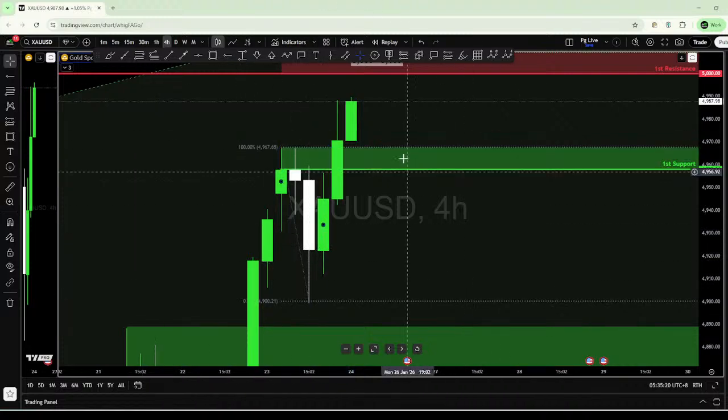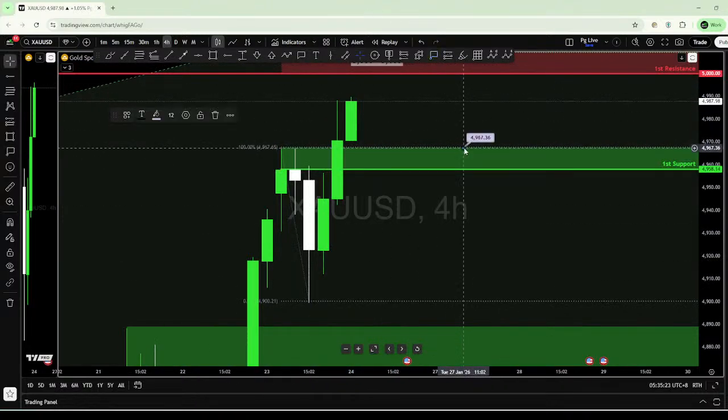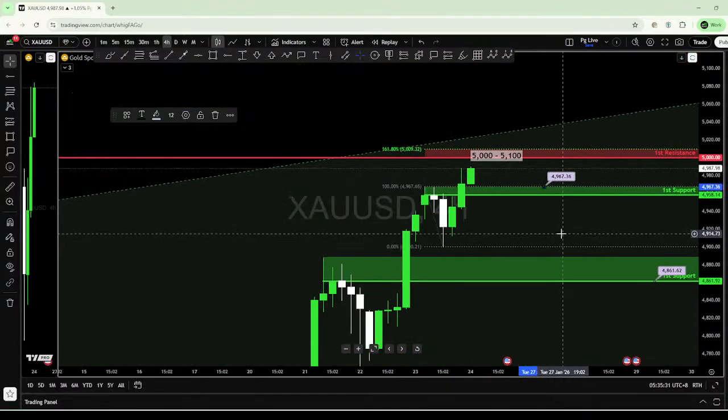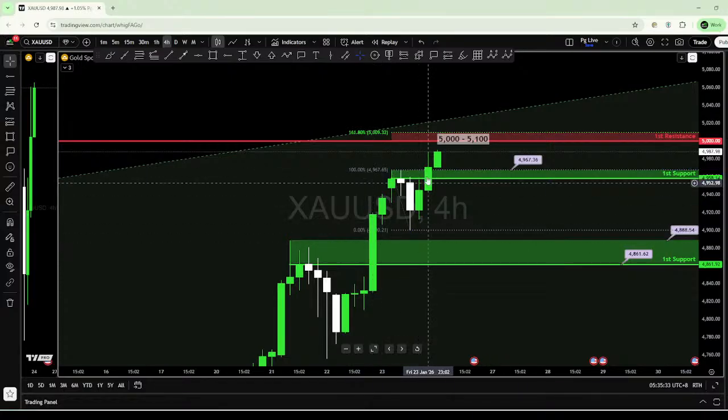Right here, the upper 49.67 or 49.70, around the zones. That's for the support level, and you can see that they still make a lower low, lower high.